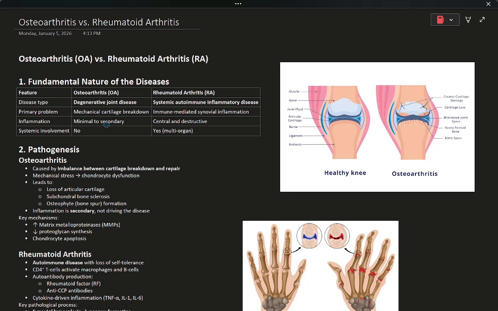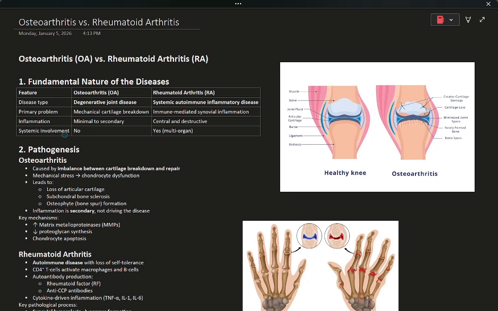In other words, it's secondary to the cartilage breakdown. So that's why there can be little to no inflammation in osteoarthritis. But in rheumatoid arthritis, there is pronounced inflammation to where it is central to the pathophysiology, and such inflammation can be destructive.